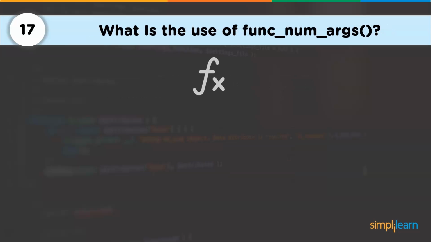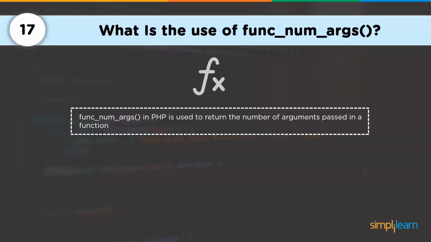Next question, what is the use of the function func_num_args? This function is used to return the number of arguments passed in a function. So suppose you pass a certain number of arguments in a function and want to know how many arguments were passed. You can use this function for that.